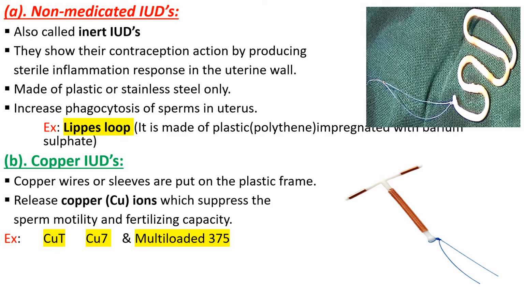What is the main role played by the non-medicated IUDs? When they are inserted into the uterus of the female, they cause damage to the tissue of the endometrium lining. It is enough to create unfavorable environmental conditions in the uterus.